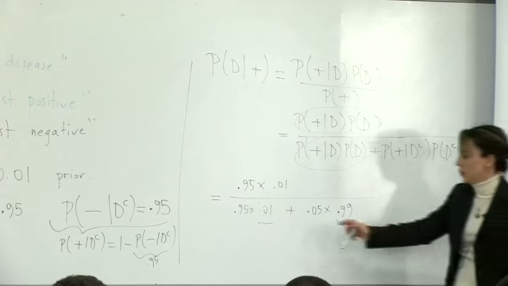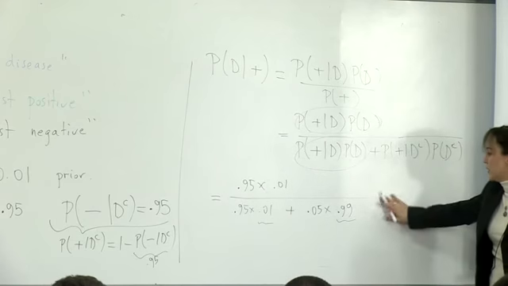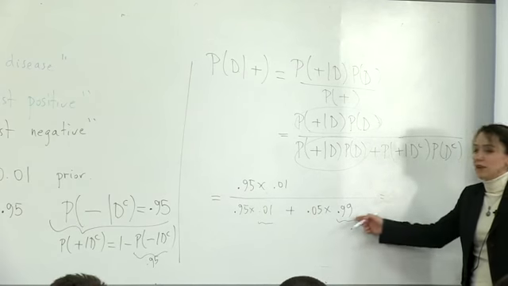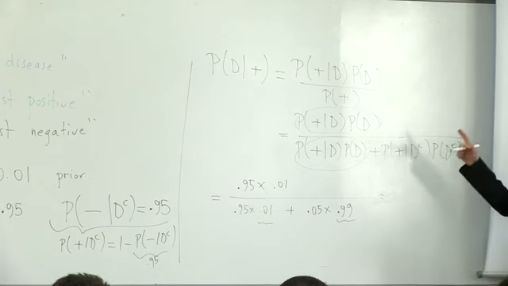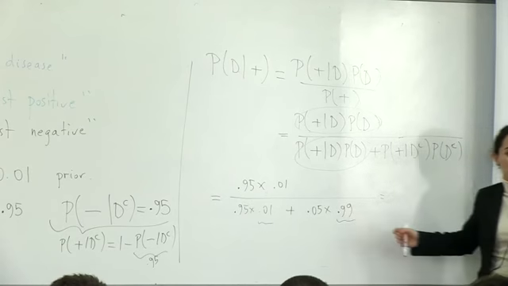So this term is essentially what makes this conditional probability of having the disease, given that you tested positive, small, because it makes the denominator grow.